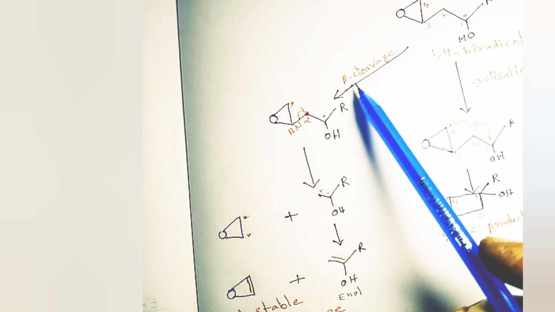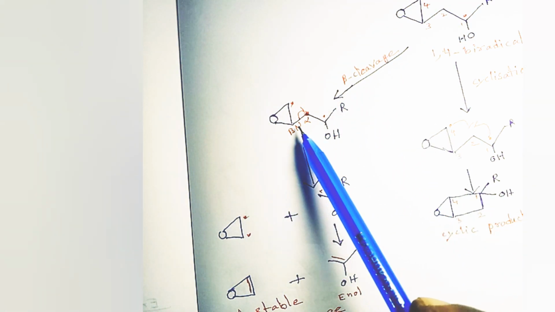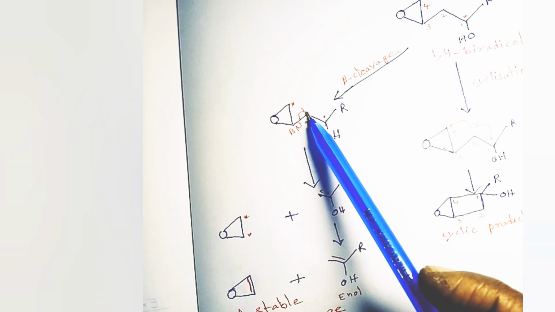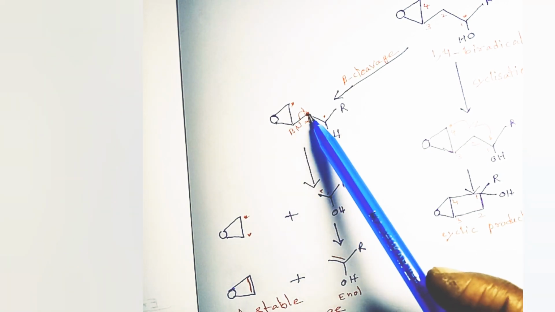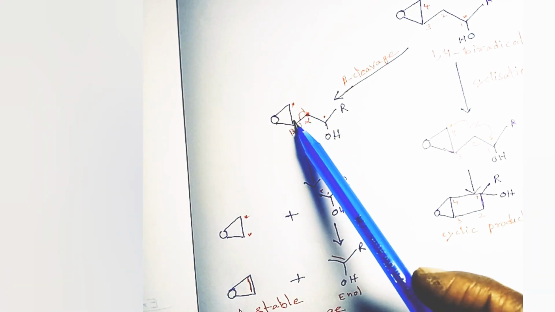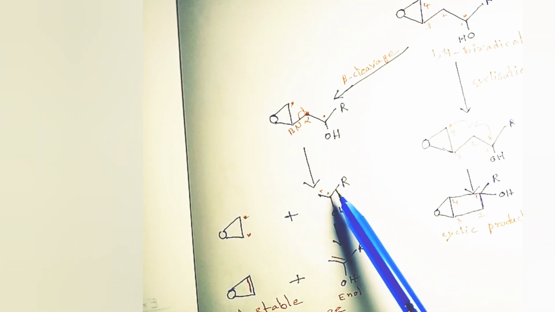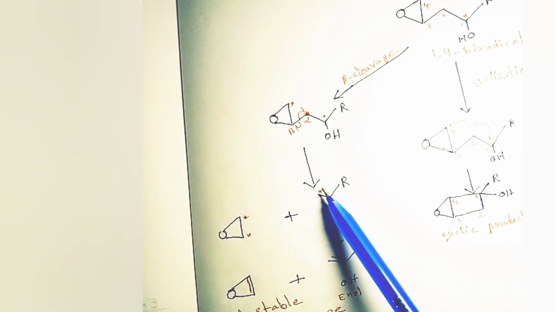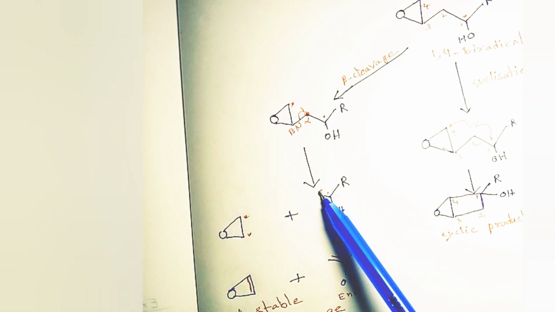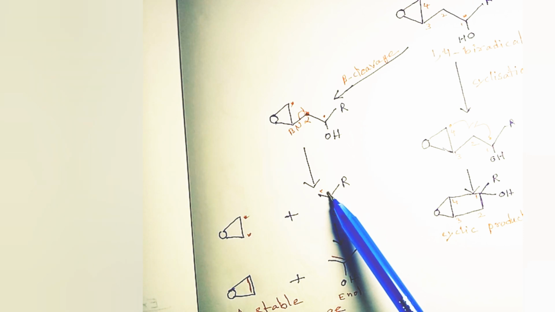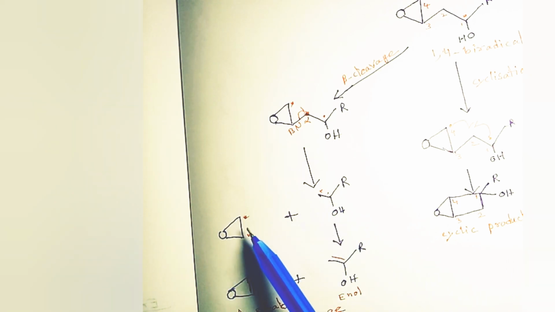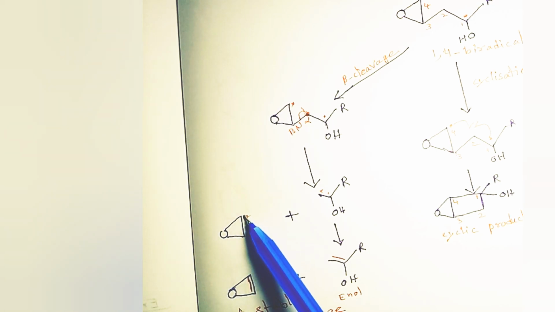Now let us see beta cleavage. This is the beta bond. This is the alpha carbon. This is the beta carbon. The bond between alpha carbon and beta carbon cleaves, forming two radicals. One on the alpha carbon. Already there is one radical on the OH. And here there was a radical on the gamma carbon.